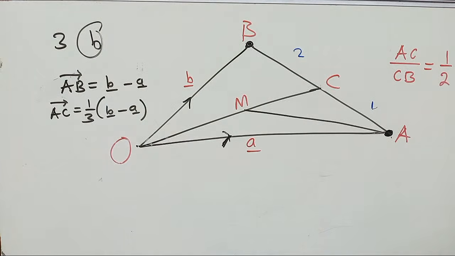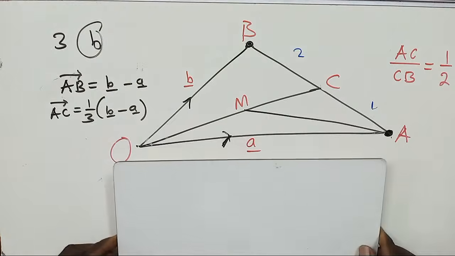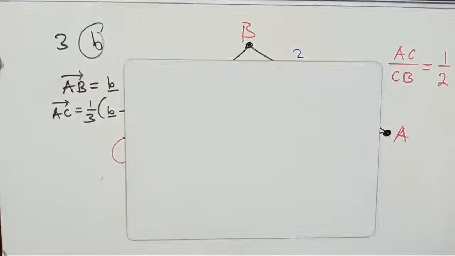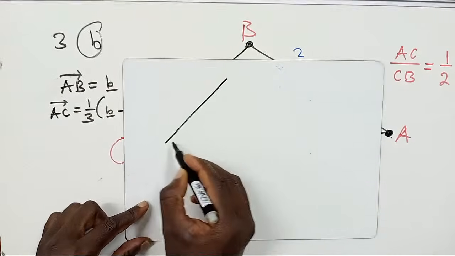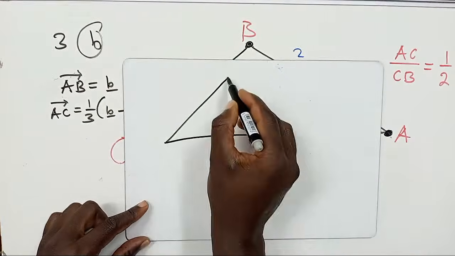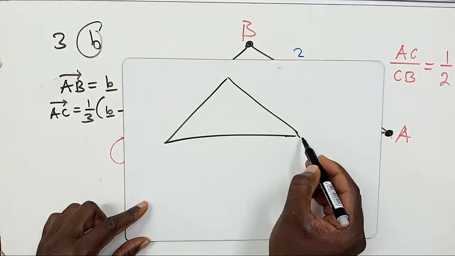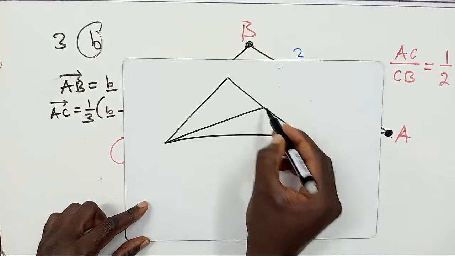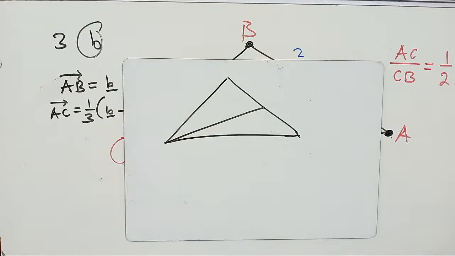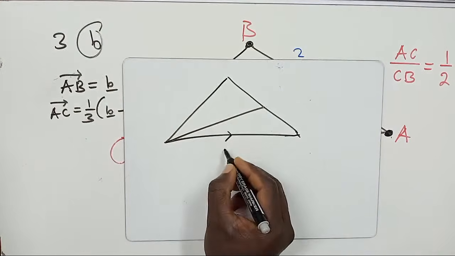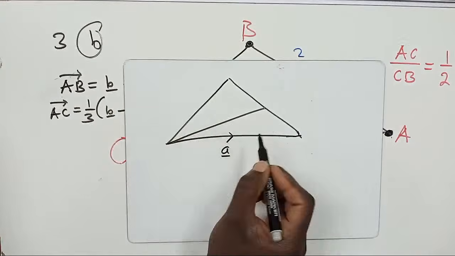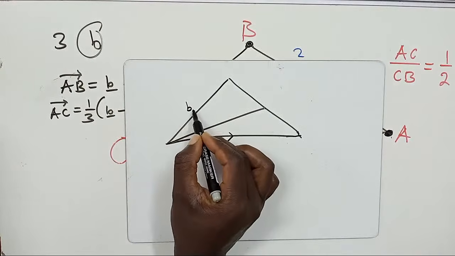I will use my small board here. I'm just talking about the ratios. So I'll put up something different. If you have something like this, let's say this is A and this is B.